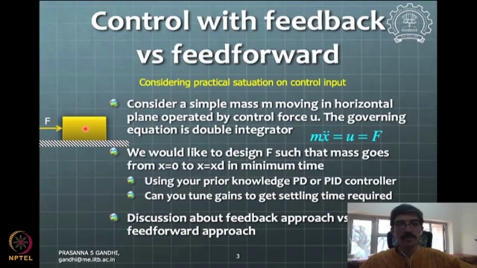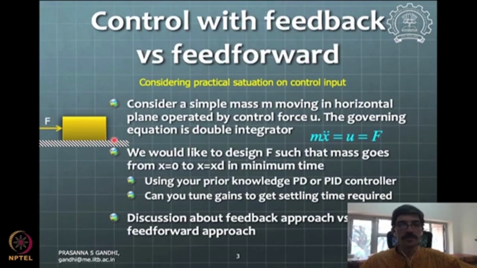Feedback control will just be looking at the error between the desired trajectory that we found by planning and the actual position x, and if at any time point it is not matching, you will apply the additional control.